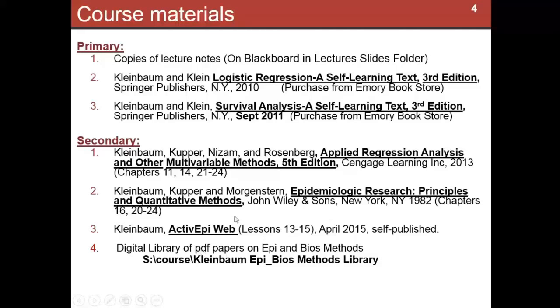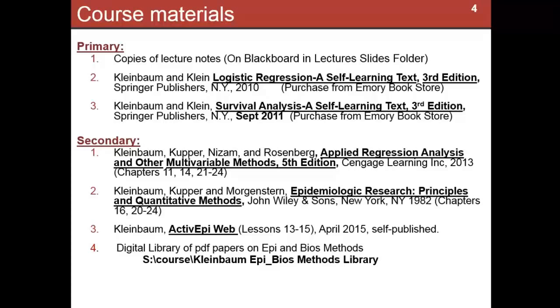And then one of the things that you were made aware of last spring in the 534 course was a recently developed, very unusual electronic textbook called Active Epi Web, which originally was in the form of a CD-ROM, and I converted it to the web because most computers don't even have CD drives anymore, so I had to do something. But now it's free to anyone, anywhere in the world.